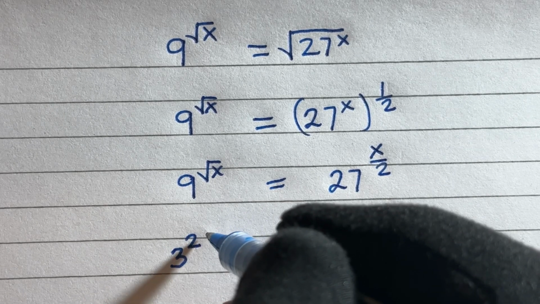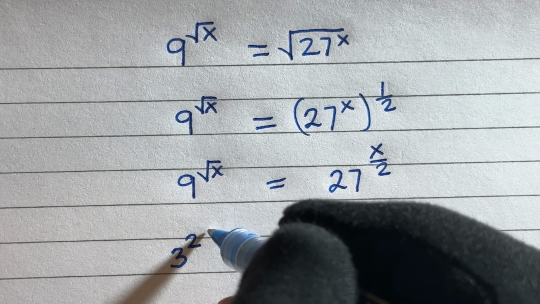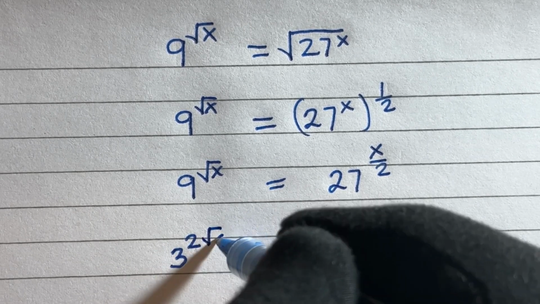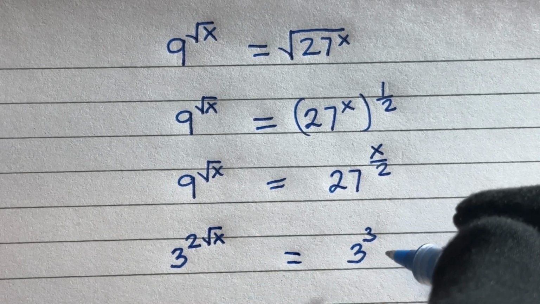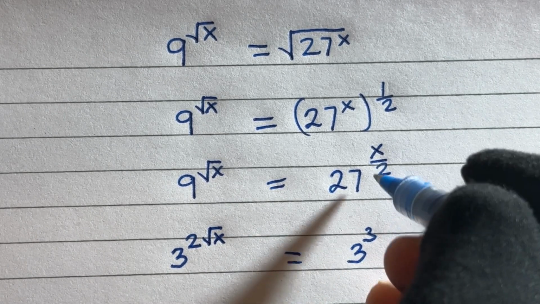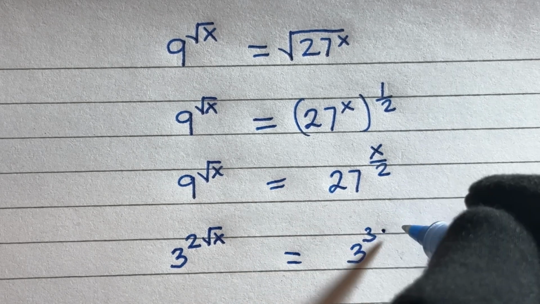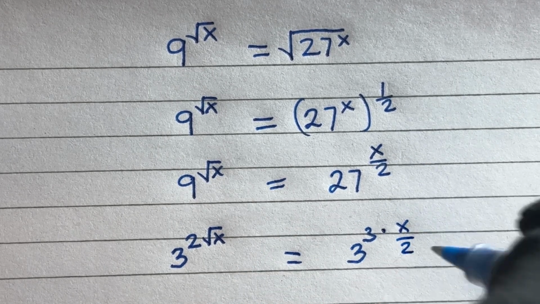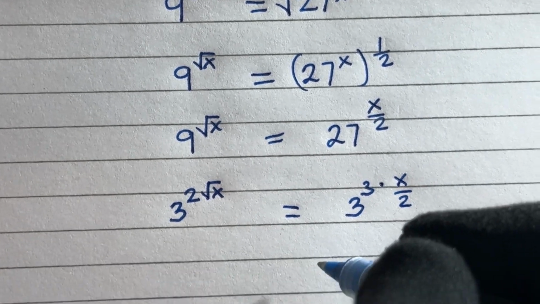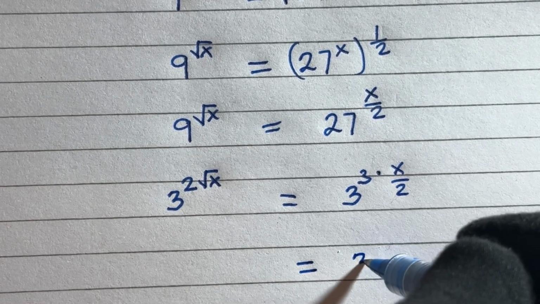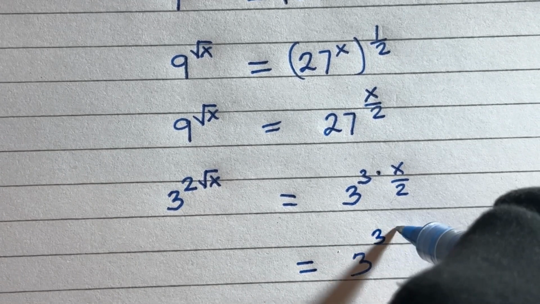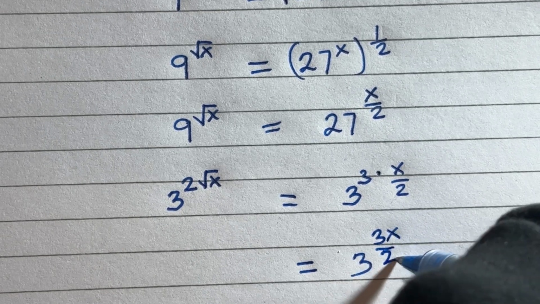So the left hand side is 3 raised to power 2 root x, and the right hand side is 3 raised to power 3 times x over 2, which will definitely give us 3 raised to power 3x over 2.